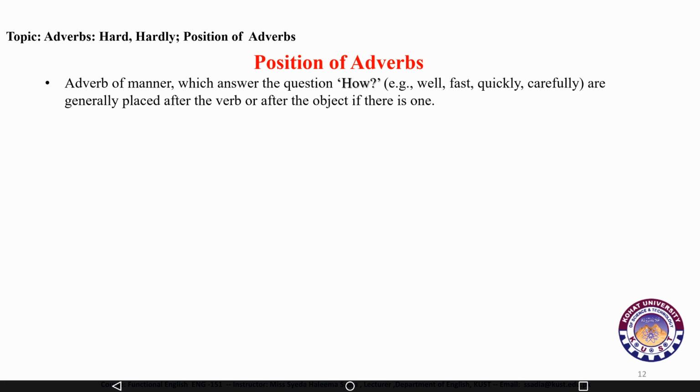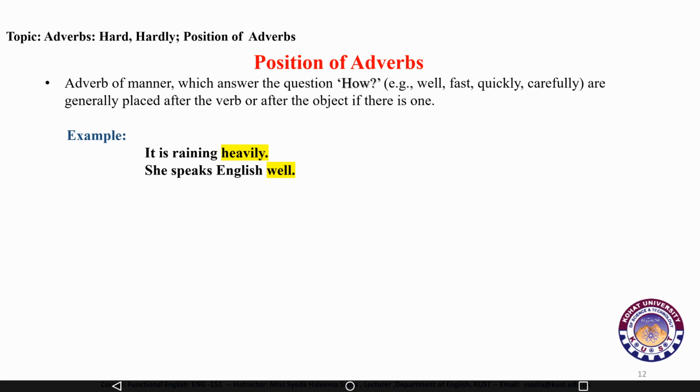Now moving on towards the position of adverbs. Adverbs of manner, which answer the question how, as we have seen from the previous slides. For example, well, fast, quickly, carefully are generally placed after the verb or after the object if there is one. For example, it is raining heavily.